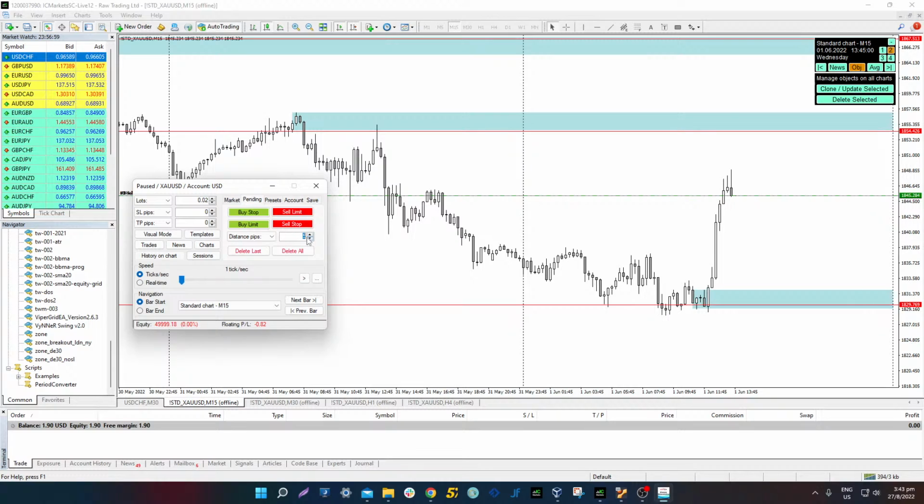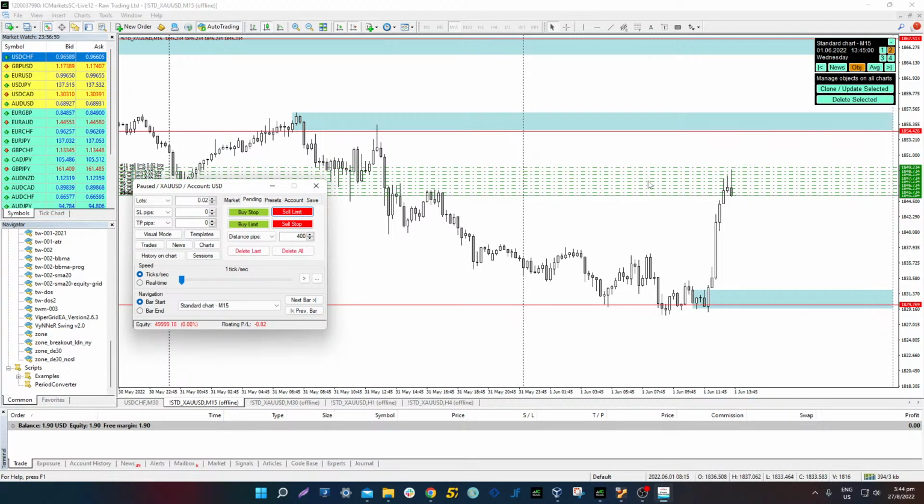Or try 50 pips. So okay, 50 pips, and then 100 pips, sell limit 150 pips, 200 pips, 250 pips, 400 pips.